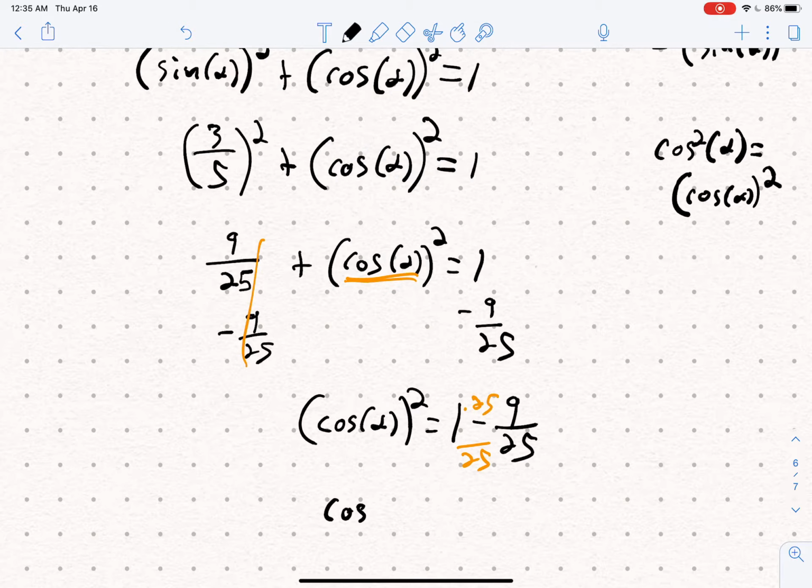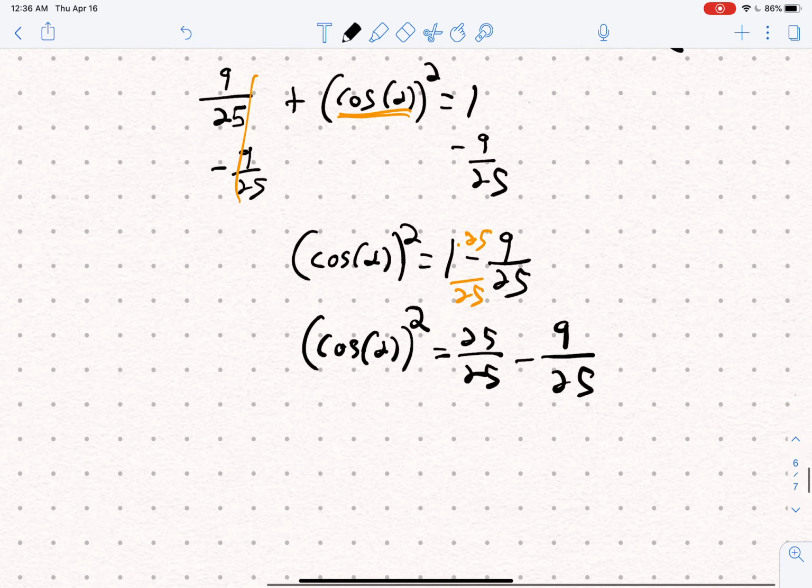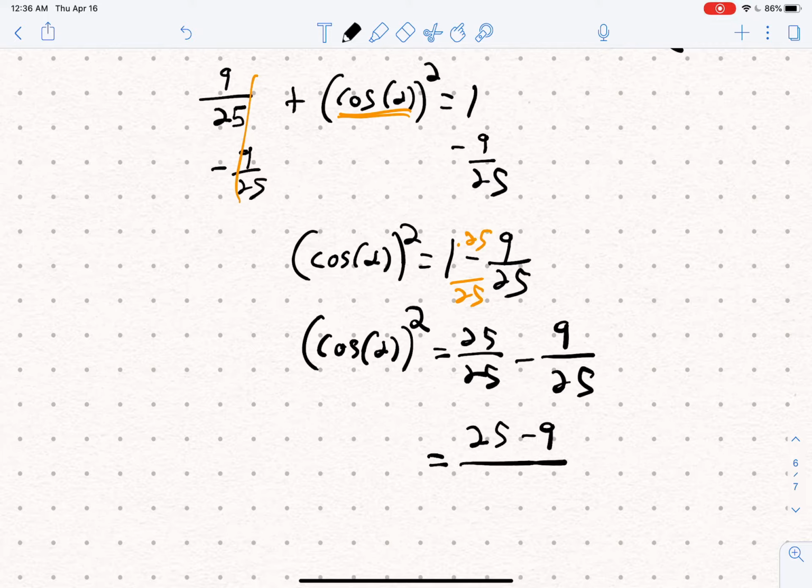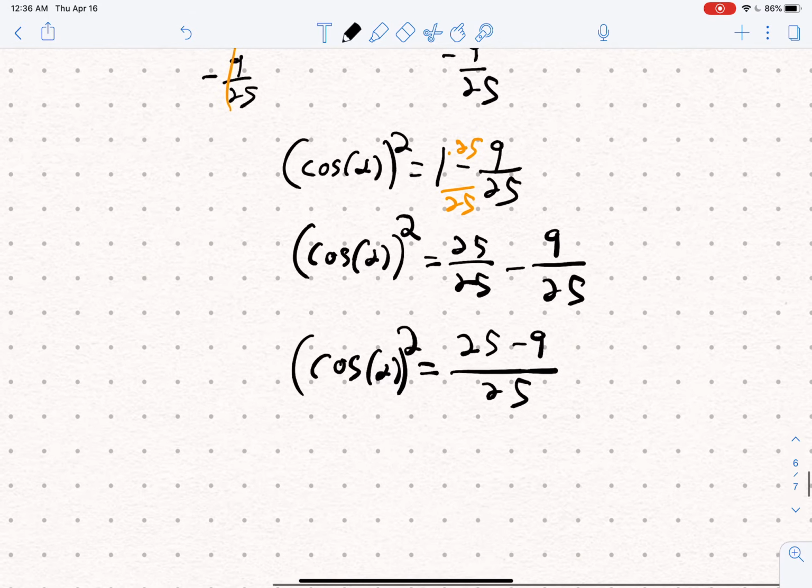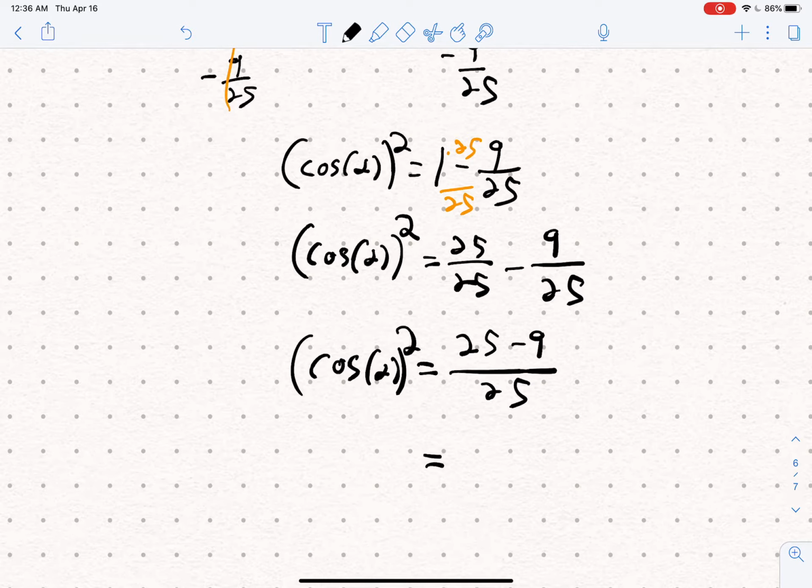So this is cosine of alpha squared is equal to 25 over 25 minus 9 over 25, and then combining into a single fraction, this is 25 minus 9 over 25. That's cosine of alpha squared. Subtracting on the right, 25 minus 9 is 16 over 25, and that's equal to cosine of alpha squared.